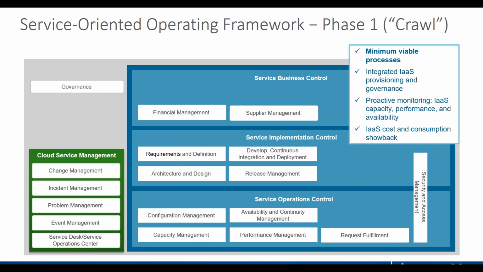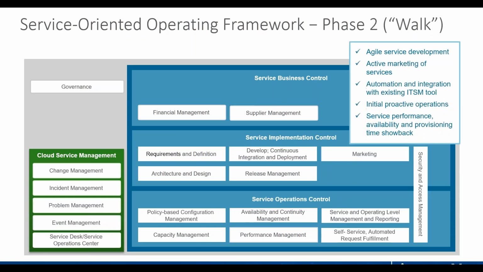We're making sure we're moving to a continuous integration and deployment model for the applications we develop. We have a release management framework in place so that we can version those and move them forward. And we have adequate architecture and design with those cross-functional teams. And finally, we start to put our hands around financial management and supplier management. And again, let's just get the minimally viable processes in place to support this.